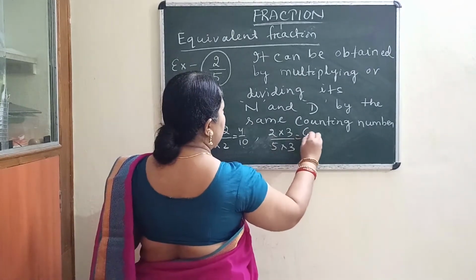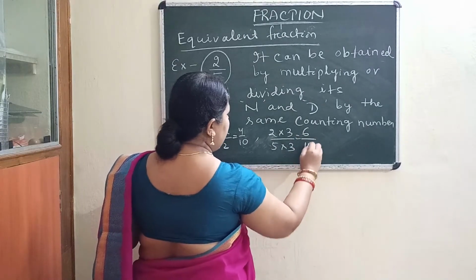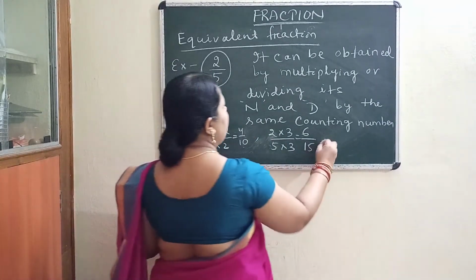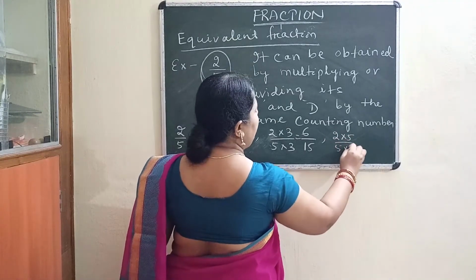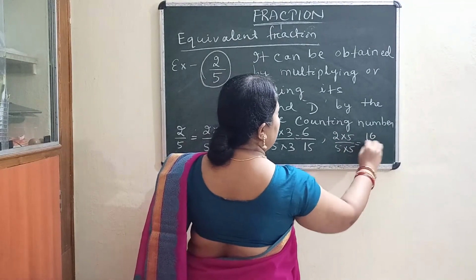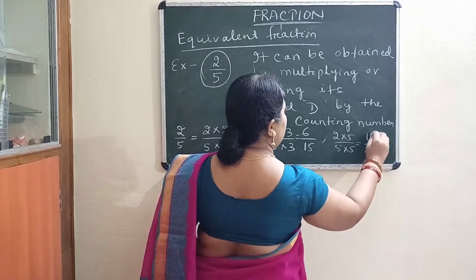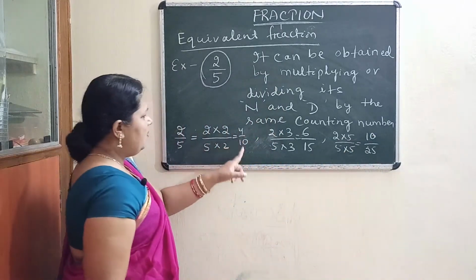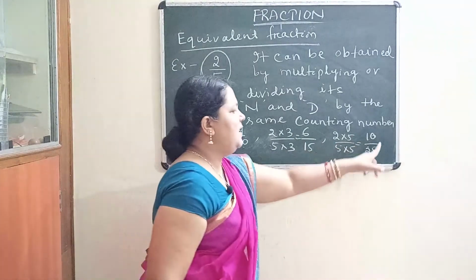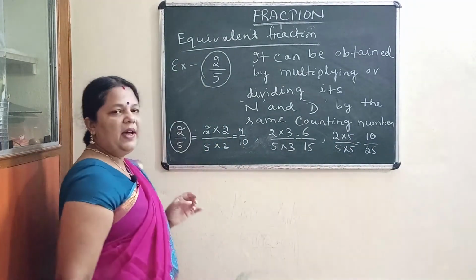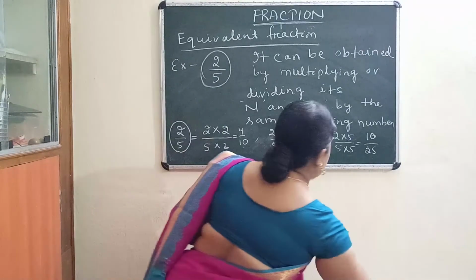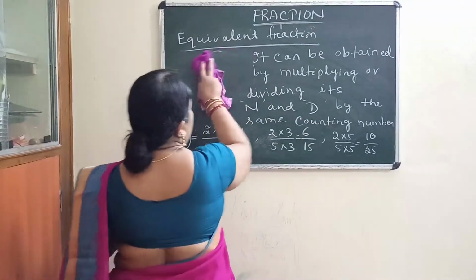So how much it will come? 2 3s are 6, 5 3s are 15. If you are multiplying by 5, 2 into 5, 5 into 5, 2 5s are 10, 5 5s are 25. Means 4 by 10, 6 by 15, 10 by 25, all are equivalent fractions of 2 by 5. Okay. So this is your multiplication.